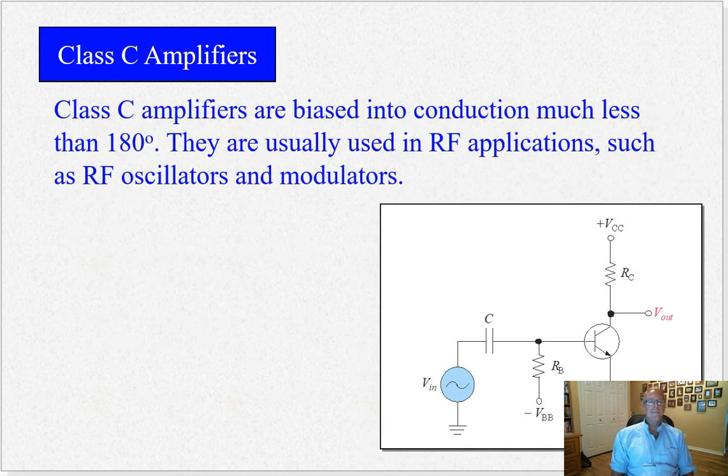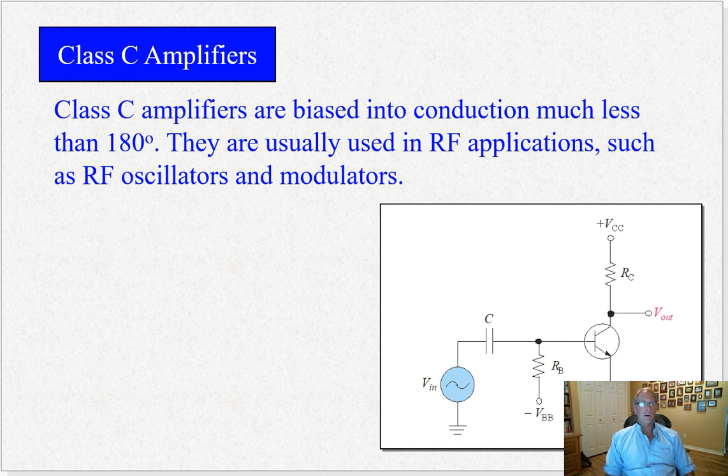Okay, let's talk about Class C amplifiers. So we did Class A, Class B, Class AB. Now we're going to do Class C. Class C amplifiers are in a category called nonlinear amplifiers. They do not produce an output waveform that represents the input waveform.